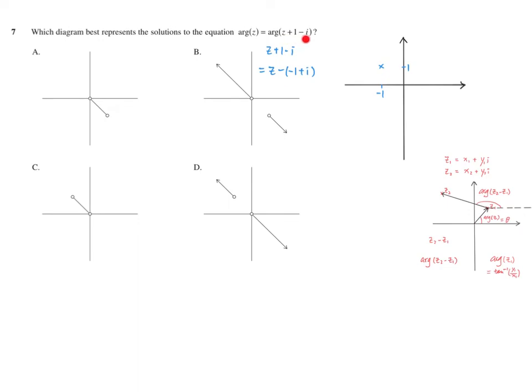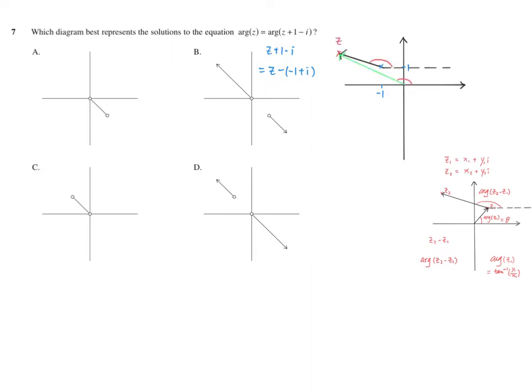Here's Z plus 1 minus i. We are always interested in one complex number minus another complex number. Therefore, we change it to Z minus another complex number, which is minus 1 plus i. And let's locate this minus 1 plus i here. The question is asking for locating all the complex numbers Z anywhere on this plane.